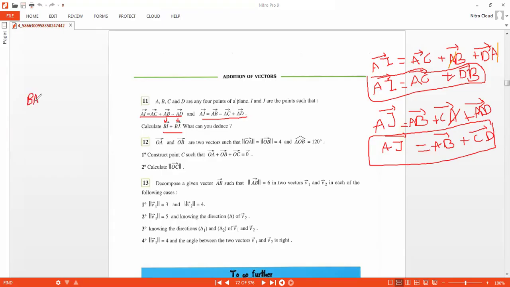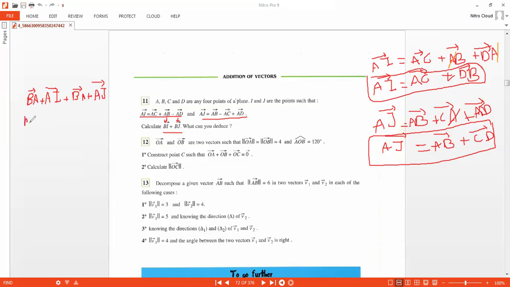So I will get BA plus AI, okay, plus BA and AJ, okay? Why did I insert A? Because I have AI and AJ. Now I'm going to replace AI by this value and AJ by this value.